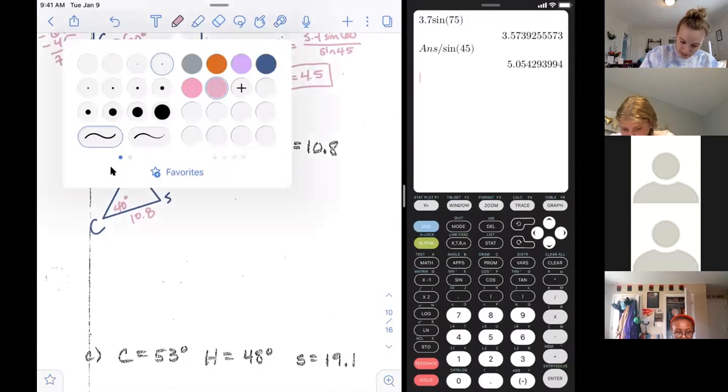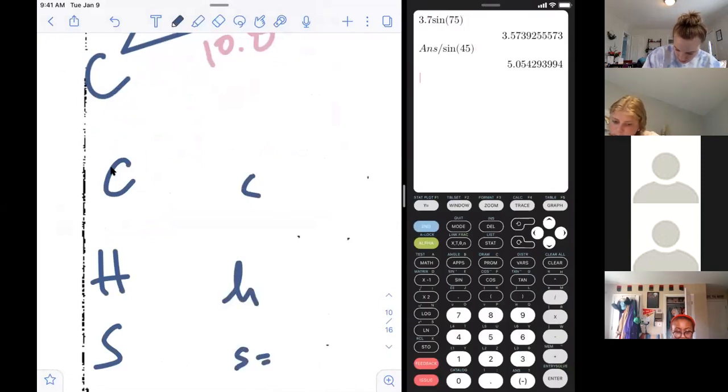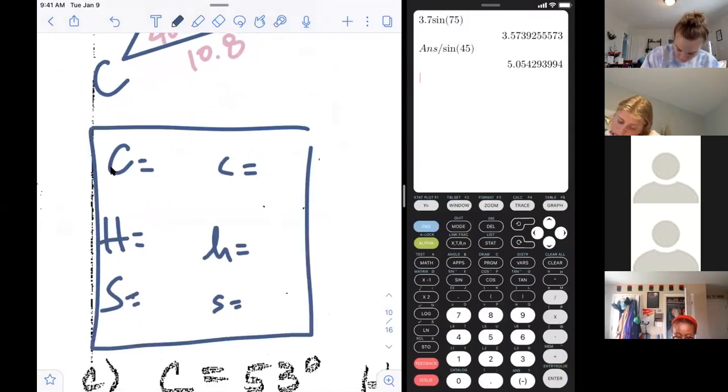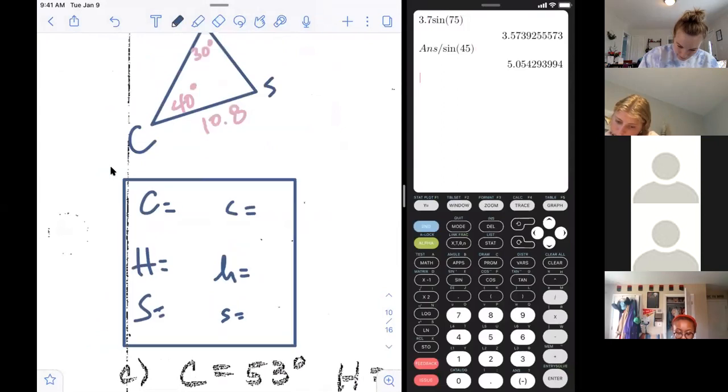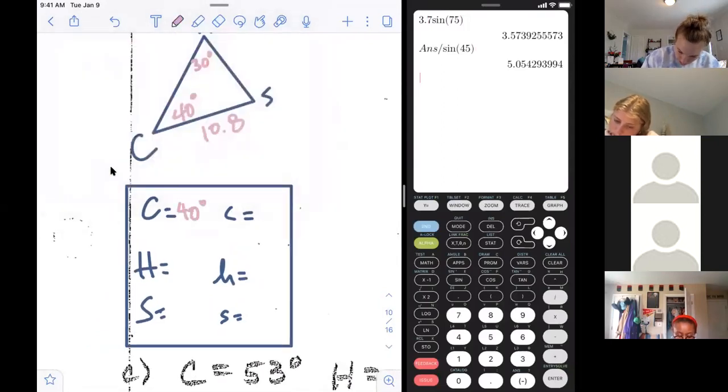Let me draw my little box so I know what I'm finding. CHS, CHS. Big C is 40, big H is 30, and then little h is 10.8.